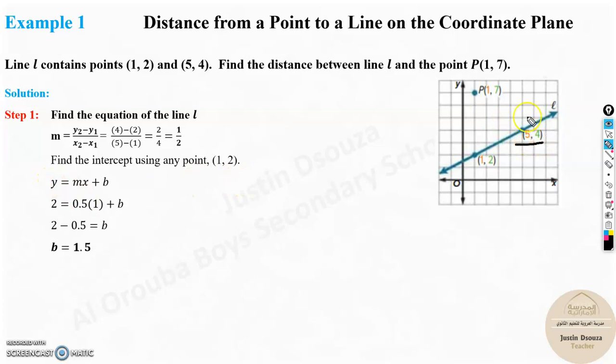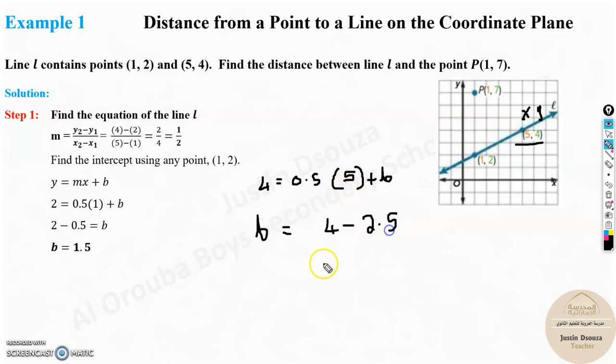The y value is 4, which equals the slope 0.5 times x, where x is 5, plus b. So b equals 4 minus half of 5, which is 2.5. Now 4 minus 2.5 is 1.5.